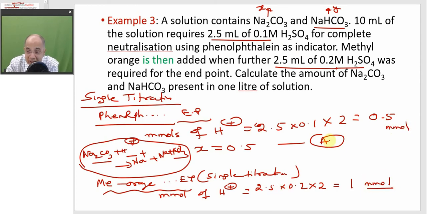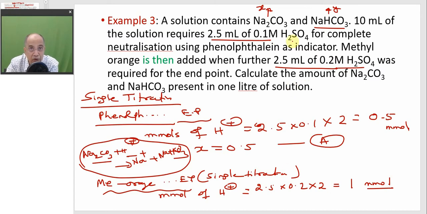So what is that? From the side of sodium carbonate, X moles of H plus ion has been already consumed, and the number of moles of sodium bicarbonate is also X. Now that will consume another X moles of H plus ion.